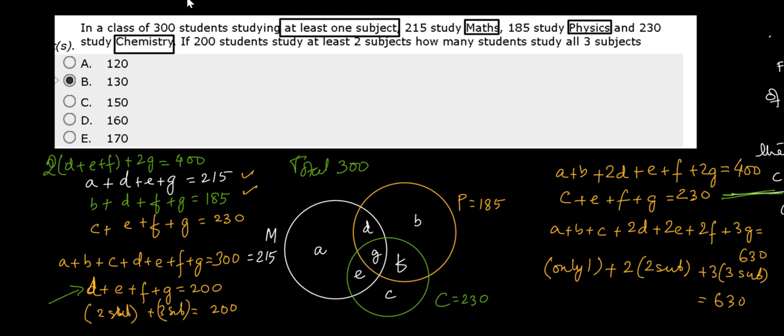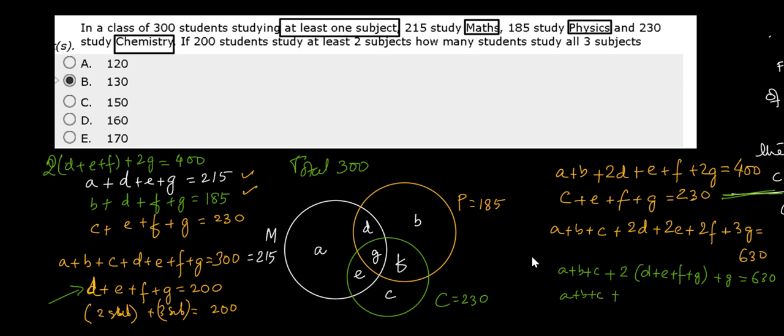So I put that in this equation now. I have A plus B plus C plus twice of D plus E plus F plus G, plus G, is equal to 630. In place of 2 times D, E, F, G, I can write 400.